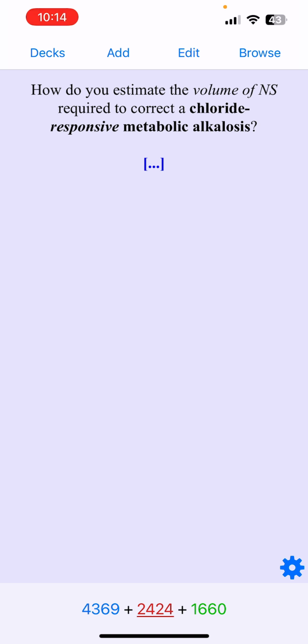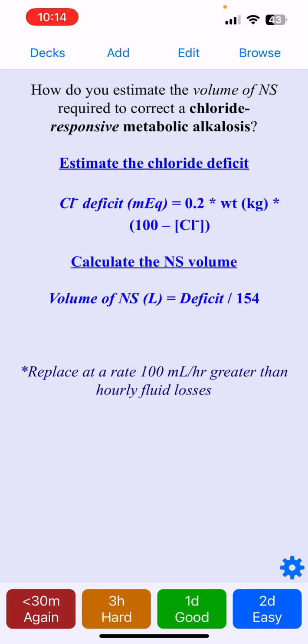All right. How do you estimate the volume of normal saline required to correct chloride responsive metabolic alkalosis? So you're going to estimate the chloride deficit.